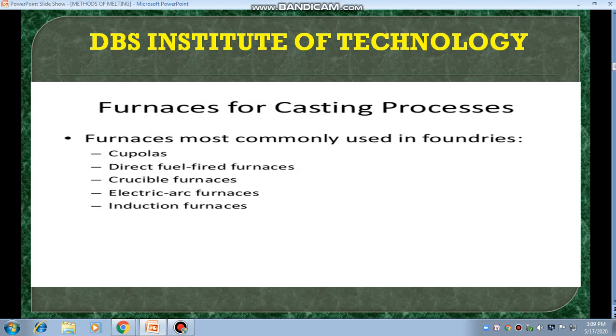Furnaces are used for casting processes. There are many types of furnaces which are used in the foundries. One is the cupola furnace, another is the direct fuel fired furnace, another is the crucible furnace, another is the electric arc furnace, and another is the induction furnace.